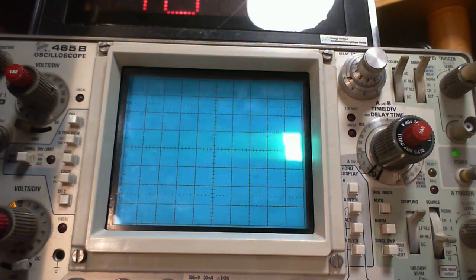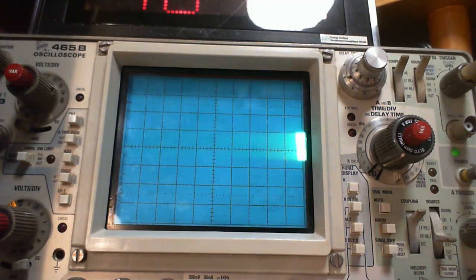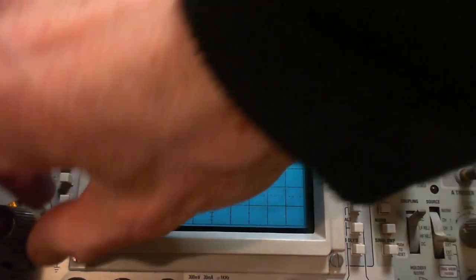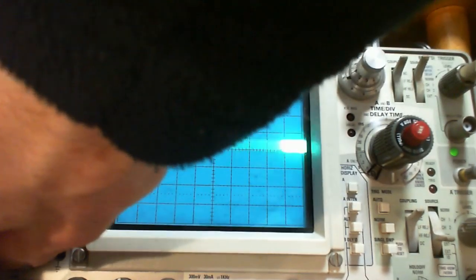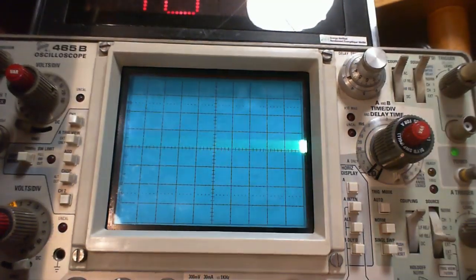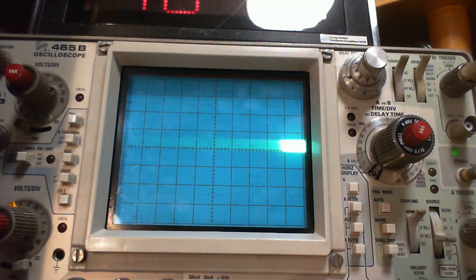Whoosh, there we go. So what happened there was, again, I didn't expect this. Let me make it less sensitive here. So we'll tune until that signal on the scope is maxed out here.